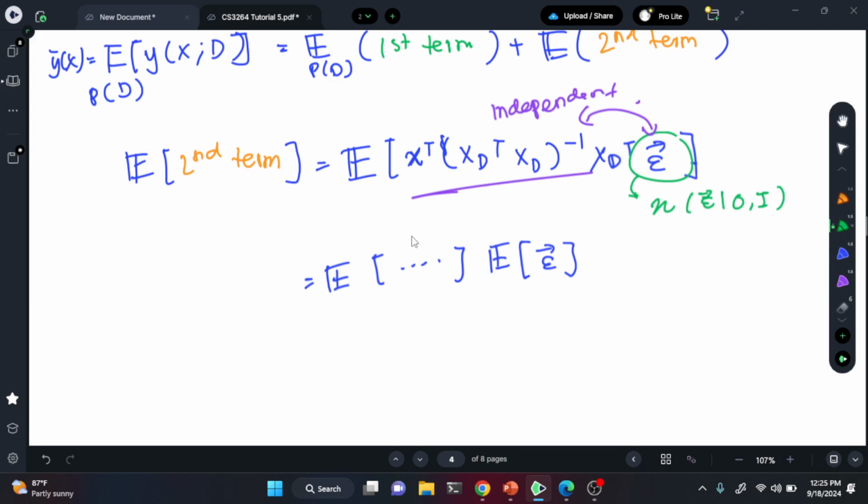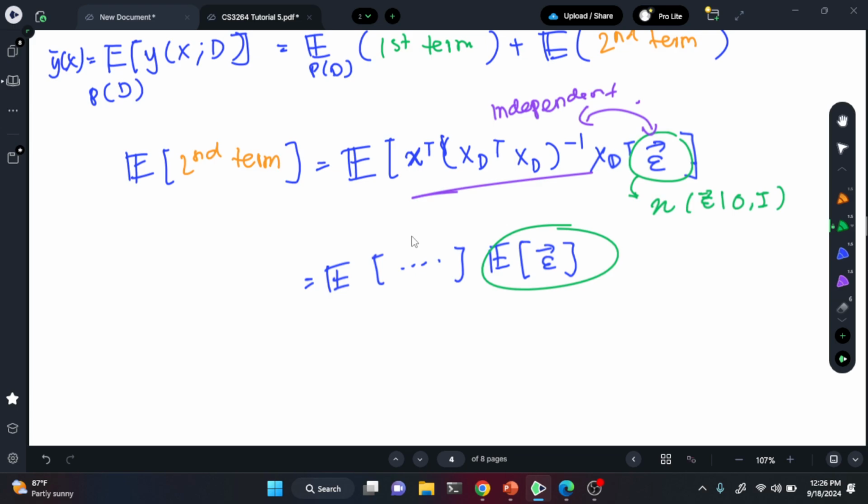Now the next part is, what is the expectation of epsilon over all the possible datasets? Why is it 0? Exactly. This is the expectation of a Gaussian. Remember that the expectation of a Gaussian is just the mean of the Gaussian. We take whoever is the middle point, the most dense point.